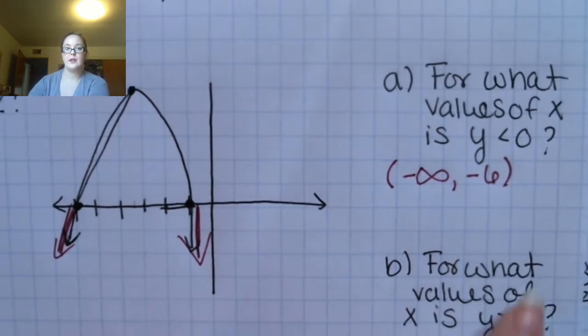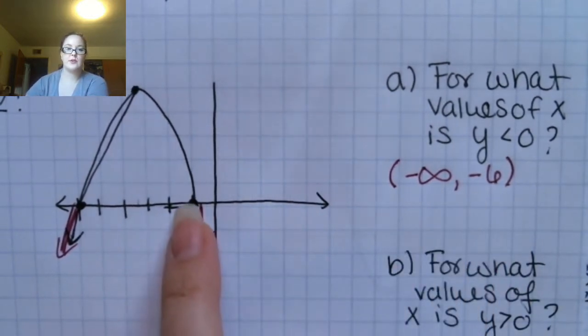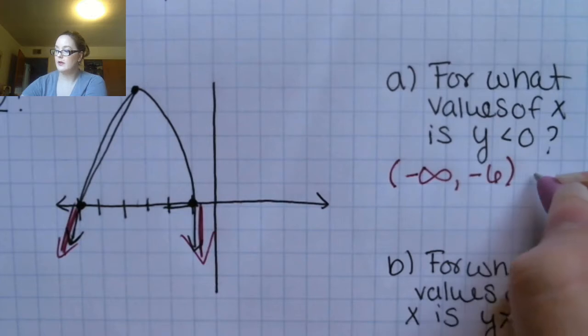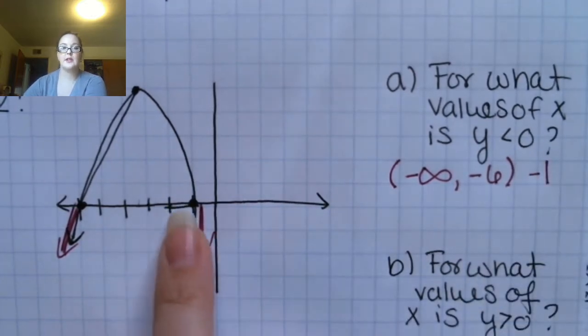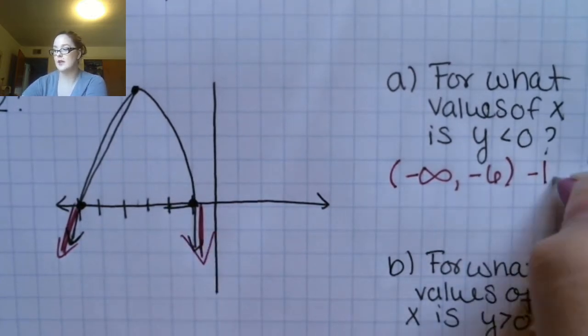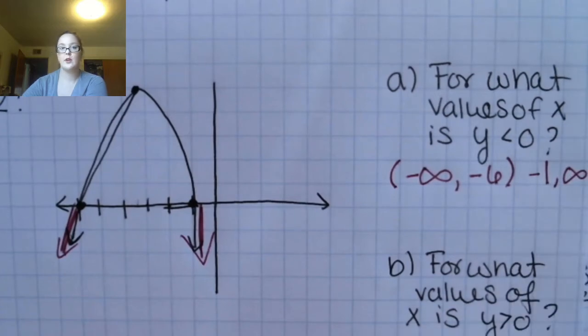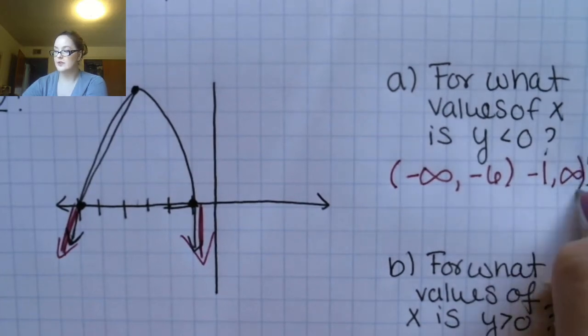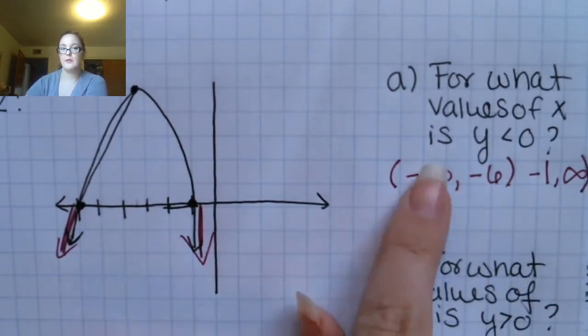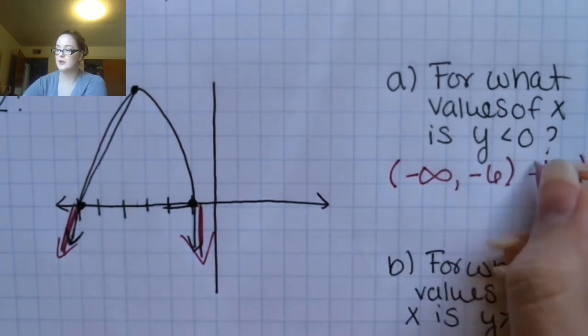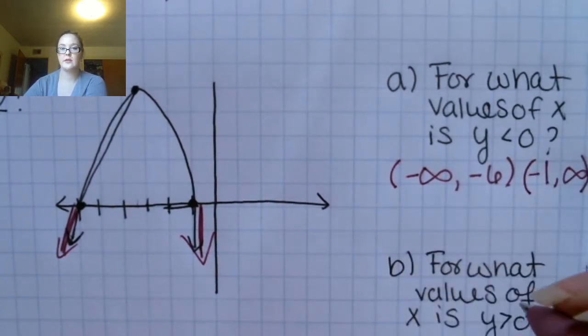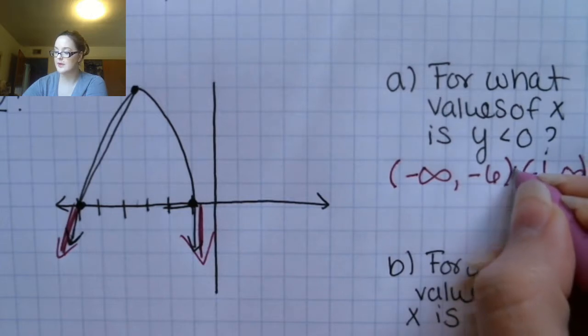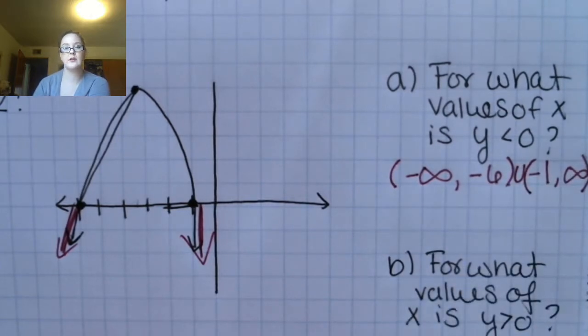Now here we're starting at -1, and it's going to continue off to the right, so that's going to go off to infinity. We always use parentheses with infinity, and because we have less than, we're going to use parentheses here as well. We have two intervals, and we're going to combine them with the union.